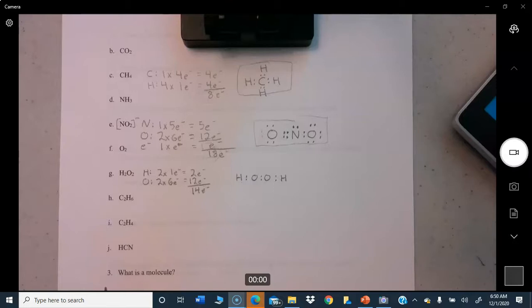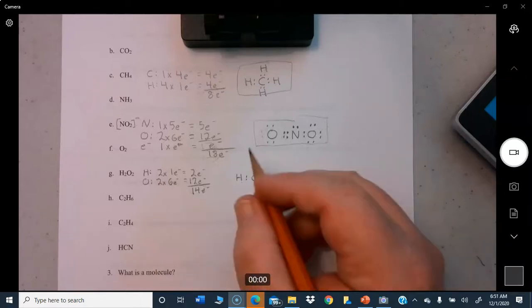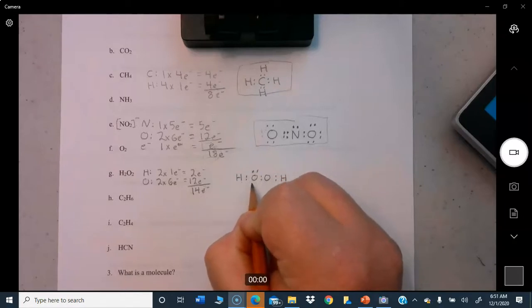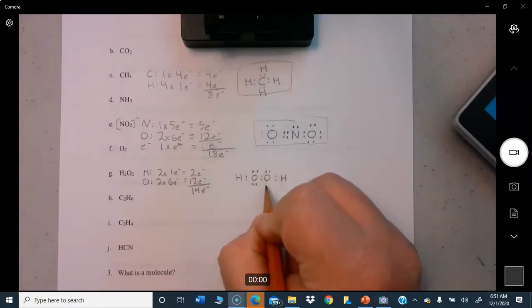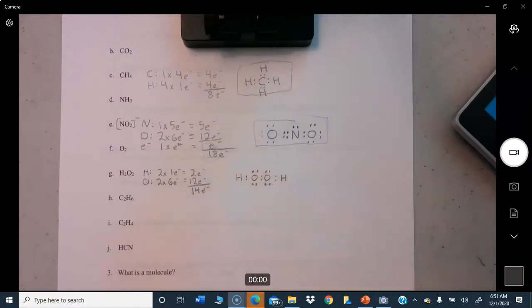So now we're going to assign the remaining electrons as lone pairs around the central atom. And so we have 8 to deal with. So there's 1, 2, 3, 4, 5, 6, 7, 8. And form multiple bonds if necessary. Well, let's see if that's necessary.